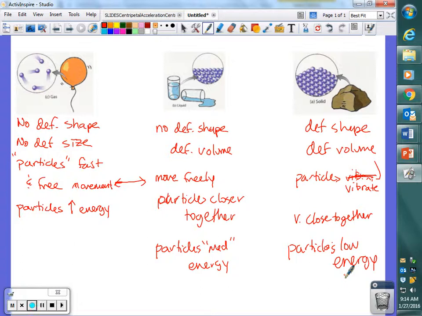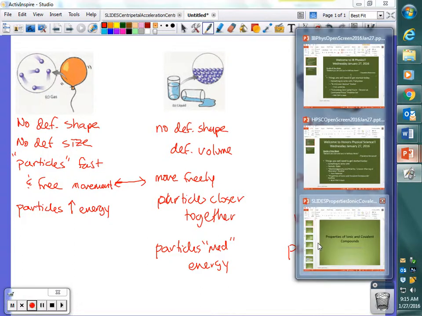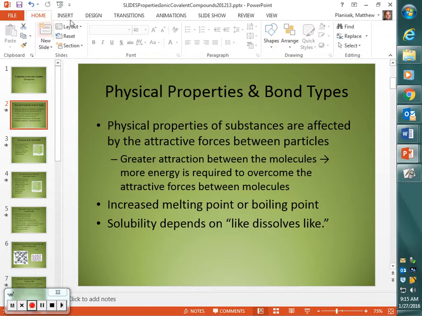One of them being what state of matter they're in, but there's some other things that go along with it. Okay? So let's keep these things in mind as we go forward so we can reference them as we're talking about the properties of these compounds. Okay? All right.